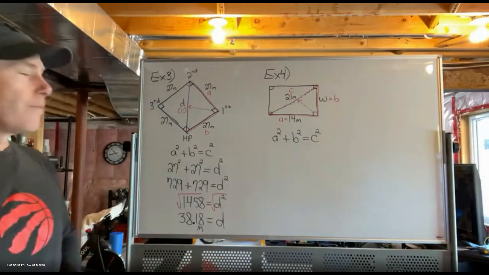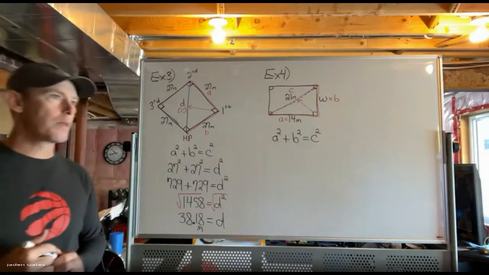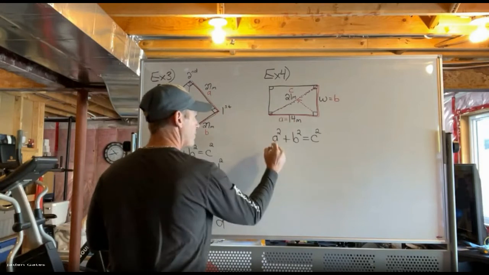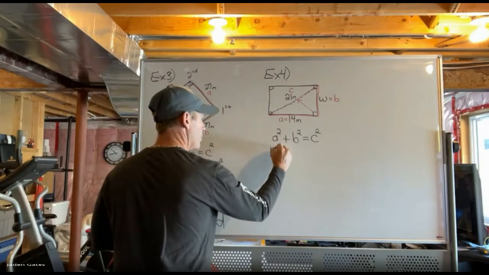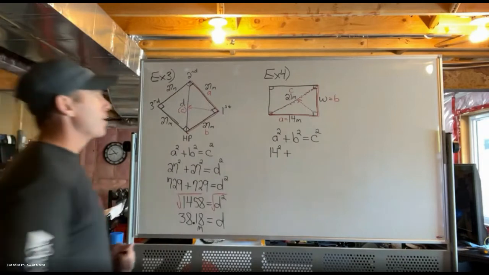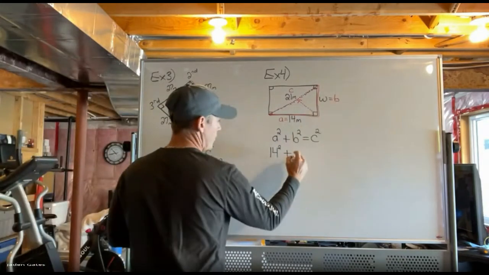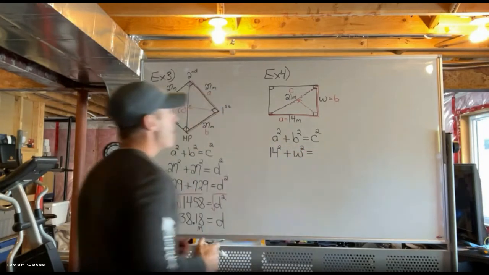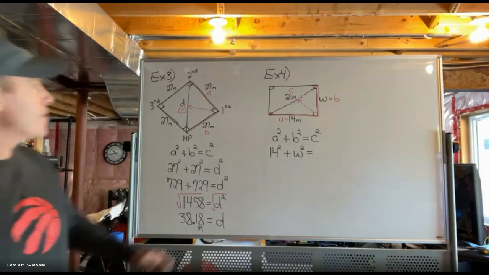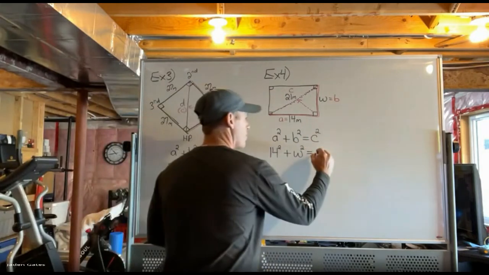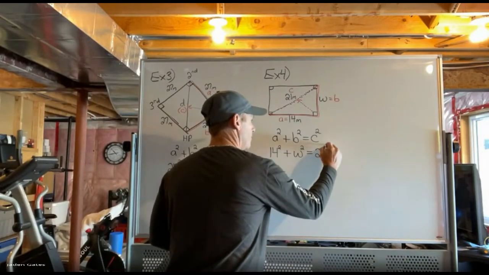All right, so now it's just time to substitute in the formula, just like we did before. Instead of an A squared, A is 14, so I'm going to have a 14 squared. B is W, so instead of a B squared, I now have a W squared. And our C, which is called our hypotenuse, is 21, so instead of a C squared, I'm going to have 21 squared.